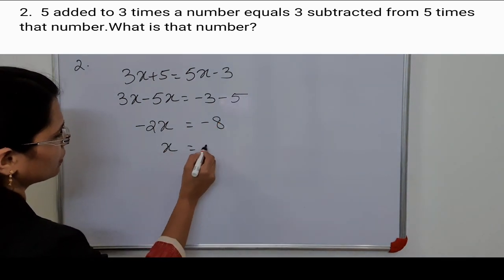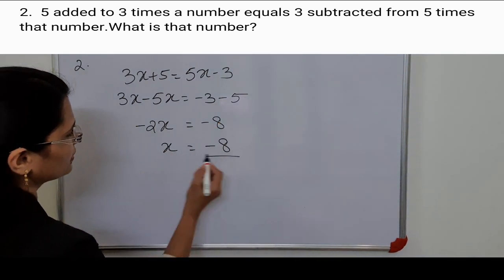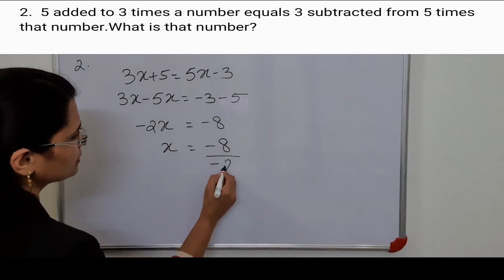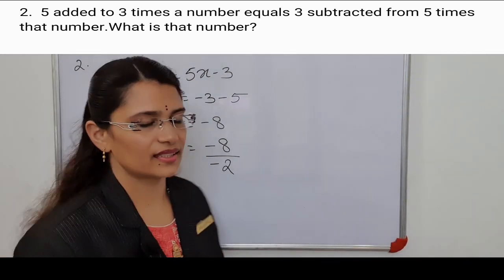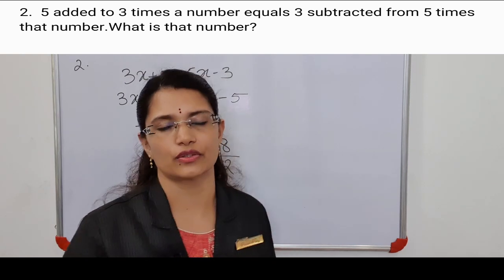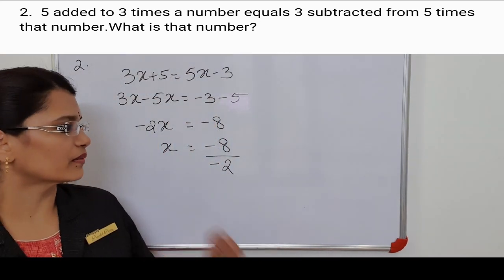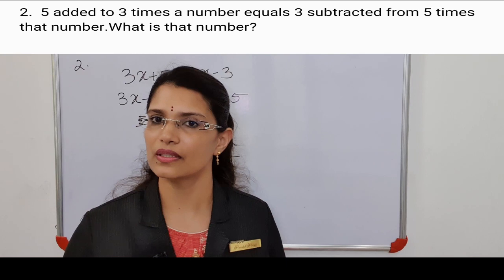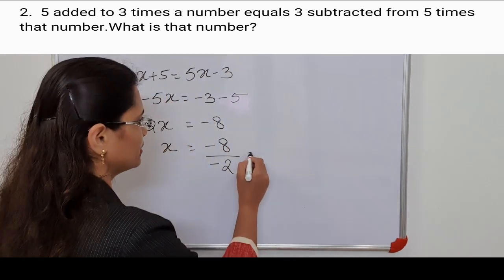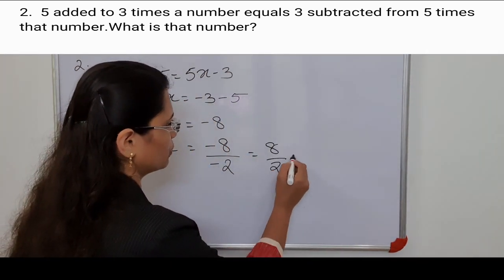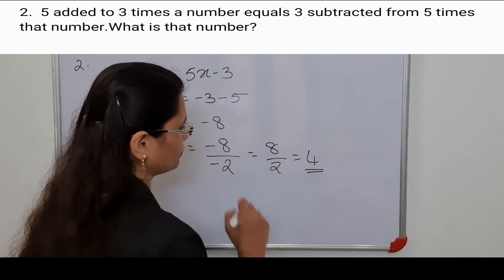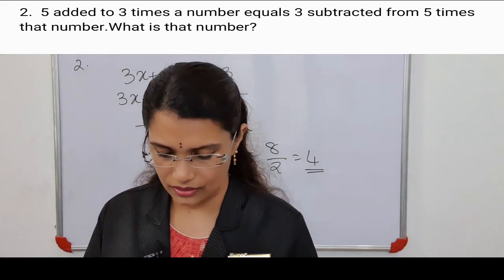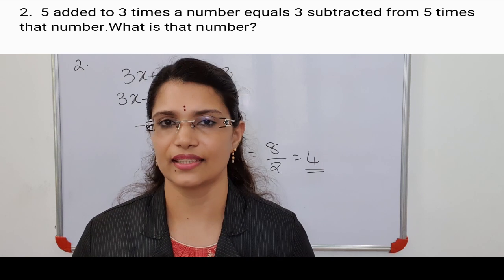So, x is equal to minus 8 divided by minus 2. We have already studied in the previous question that negative divided by negative is equal to positive. So, 8 by 2 is equal to 4. So, the number x is equal to 4.